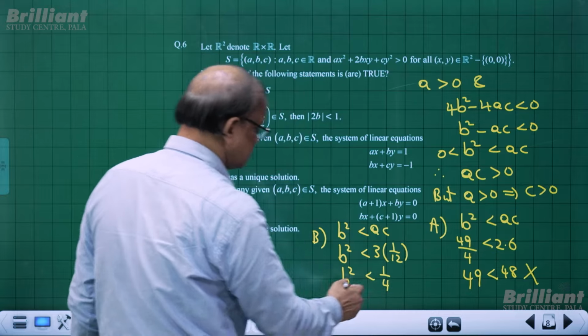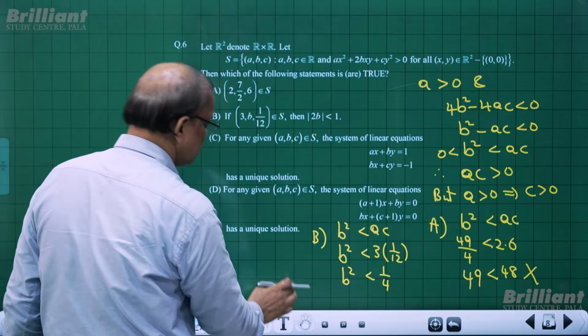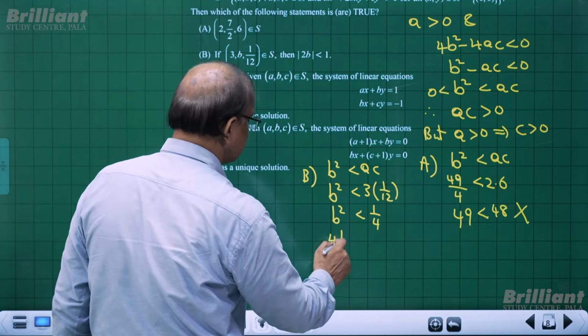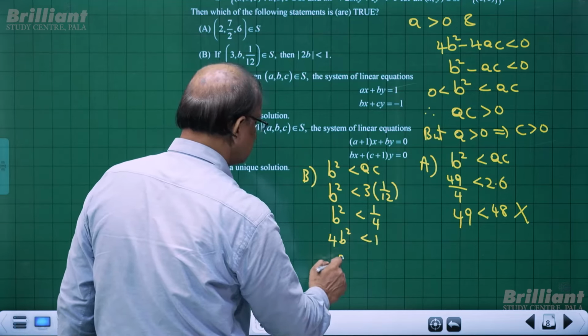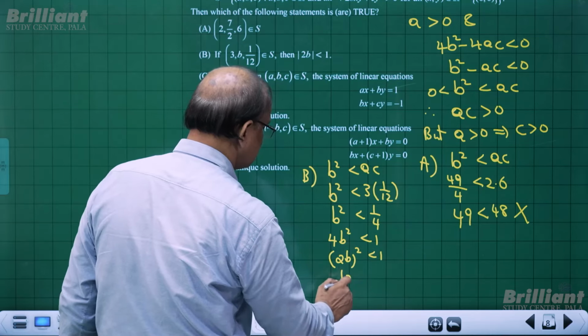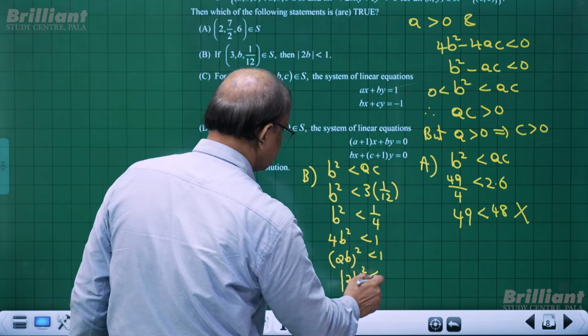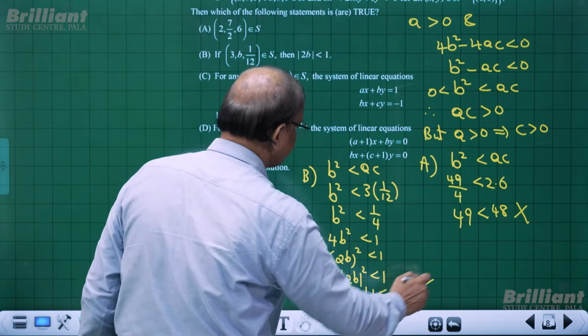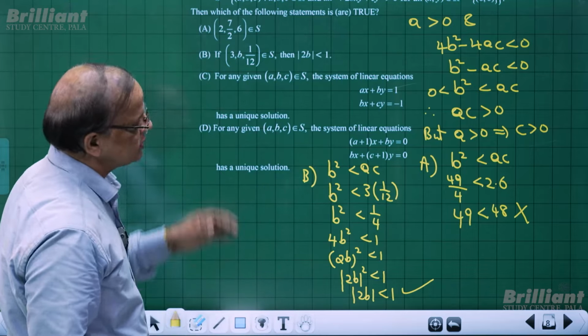Cross multiplying, 4b square is less than 1, so (2b) whole square is less than 1, so mod 2b is less than 1. True, so this is correct.